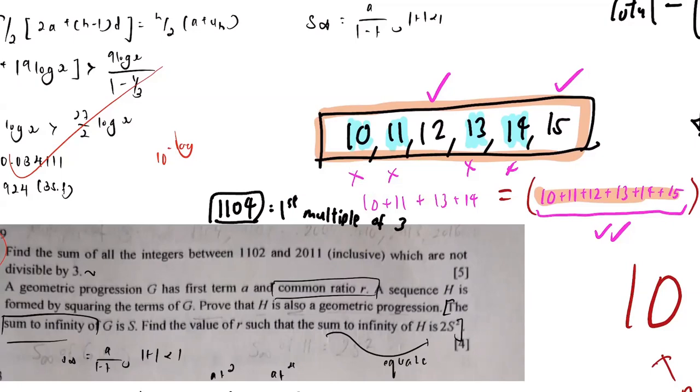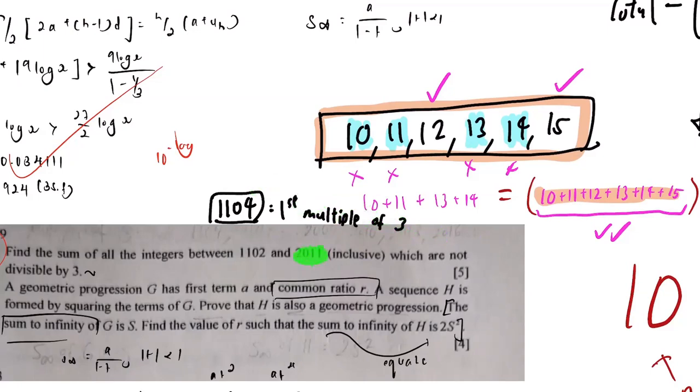Then in this case, how many terms are there? Don't know, right? A smart way to do this is to think plus 3 plus 3 plus 3 plus 3. How many terms are there? That's the most important part.